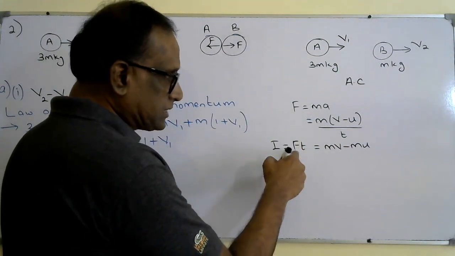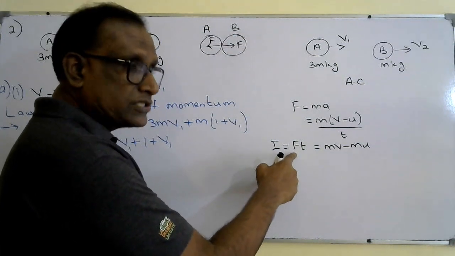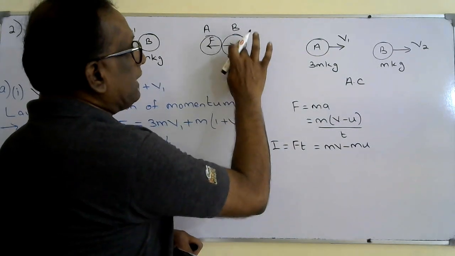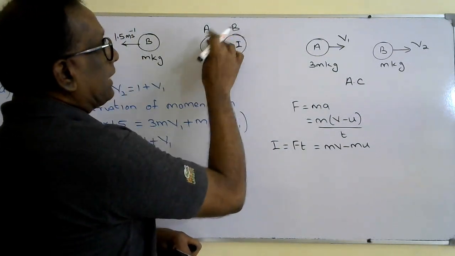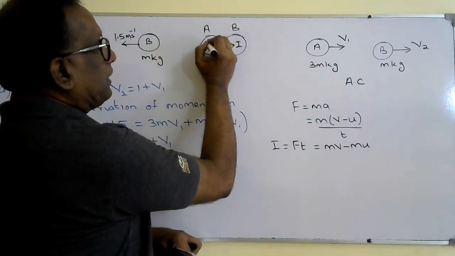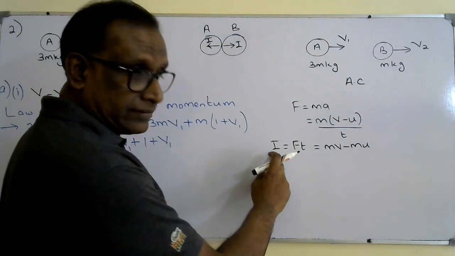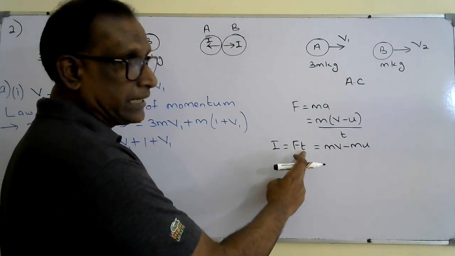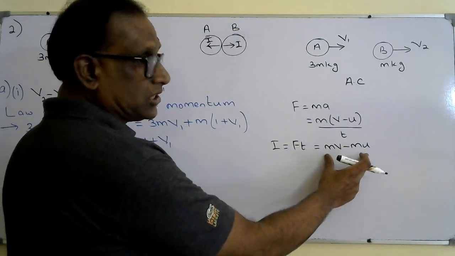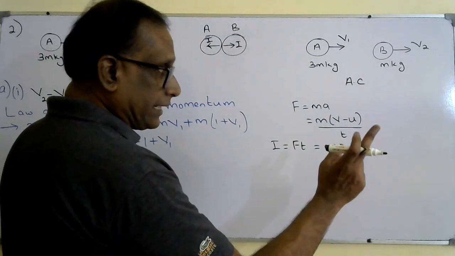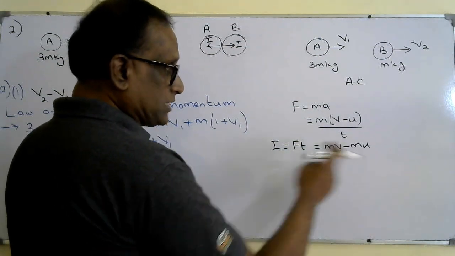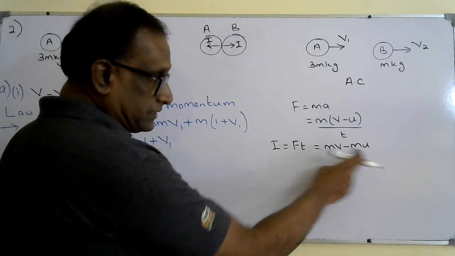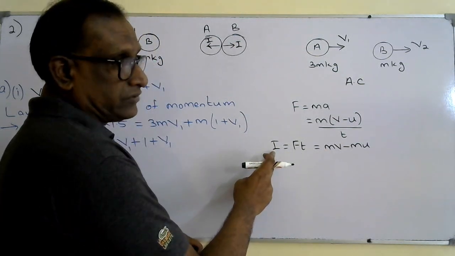The direction of impulse is always along the direction of the force experienced by the object. So the impulse direction on B is towards right. The impulse on A will be towards left. Both impulses will have the same magnitude because both have the same force according to Newton's third law, for the same time period they experience. That is equal to change in momentum. Remember that the direction of change in momentum is always along the direction of the impulse.